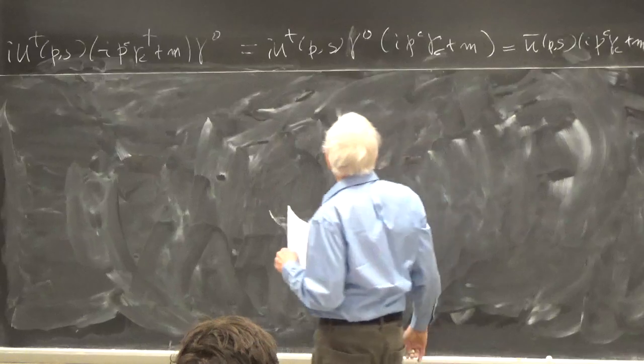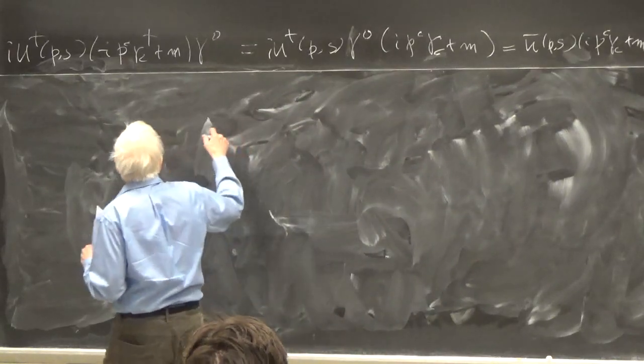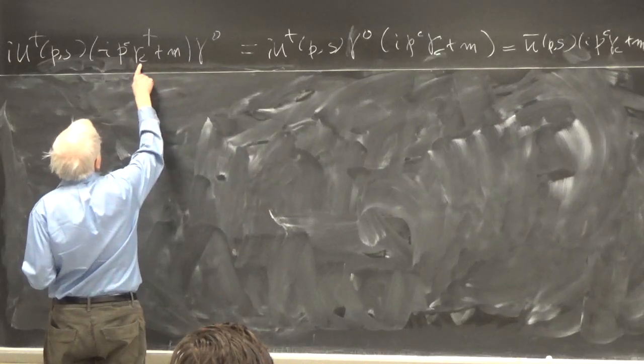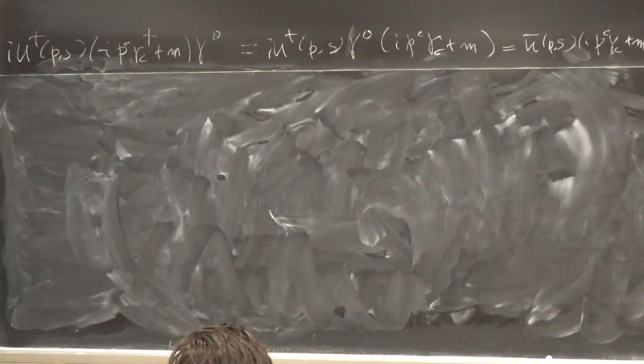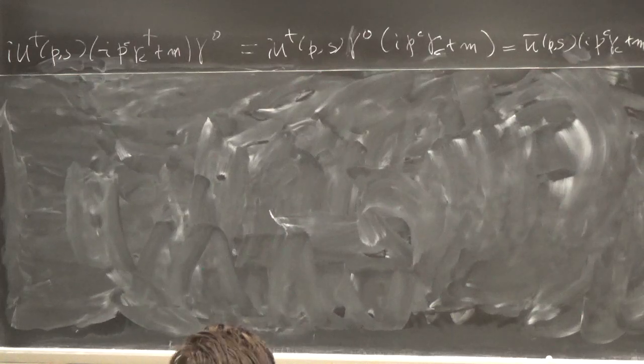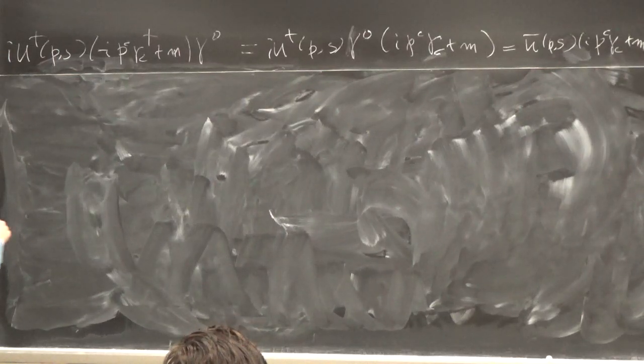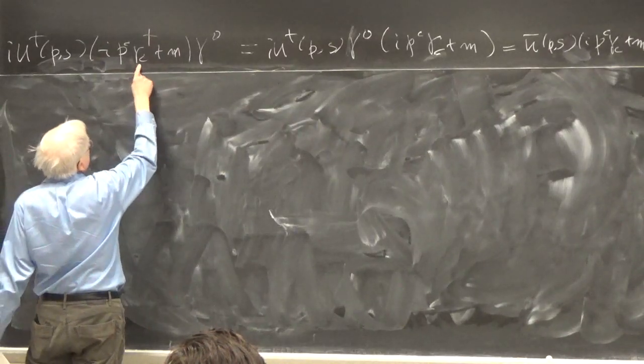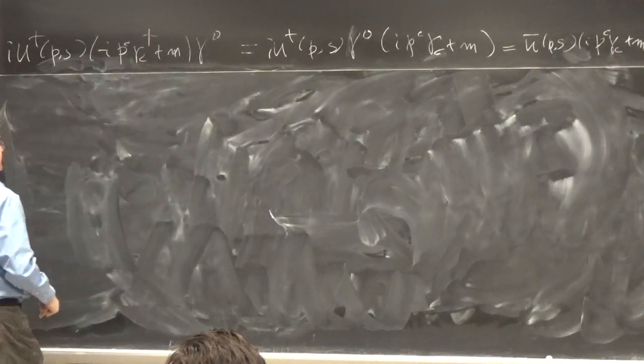And what happened here then is that for gamma 0 and gamma 0, the gamma 0 goes through, but the gamma 0 flips the sign. For the spatial ones, the Hermitian conjugate doesn't flip the sign, but the gamma 0 going through flips the sign.